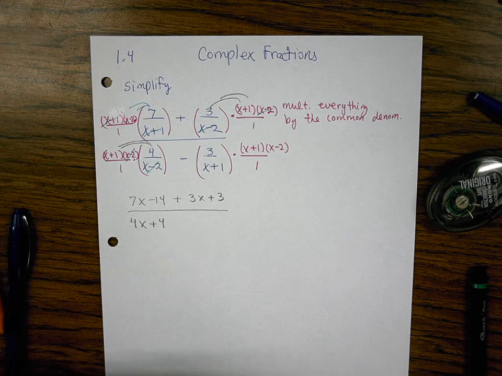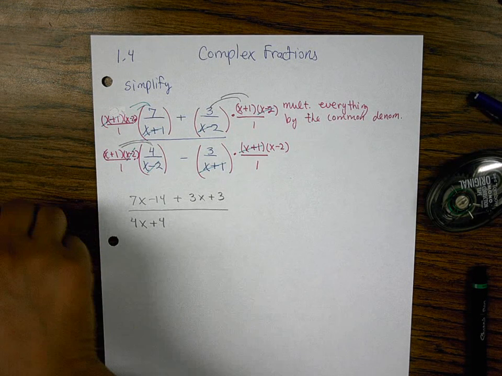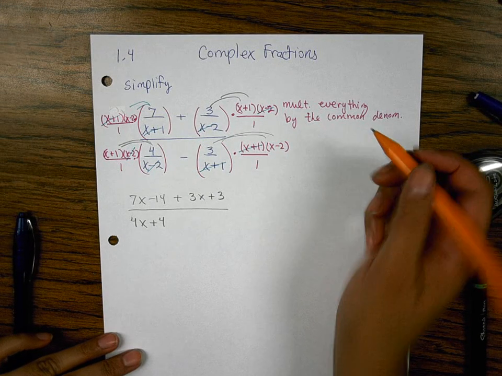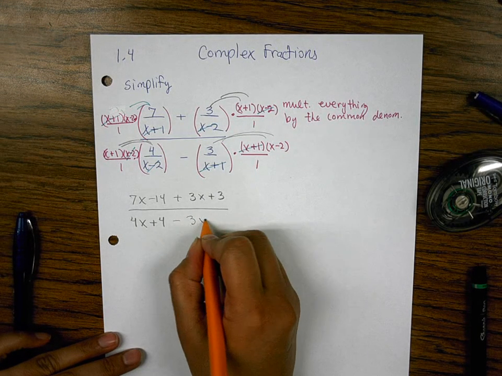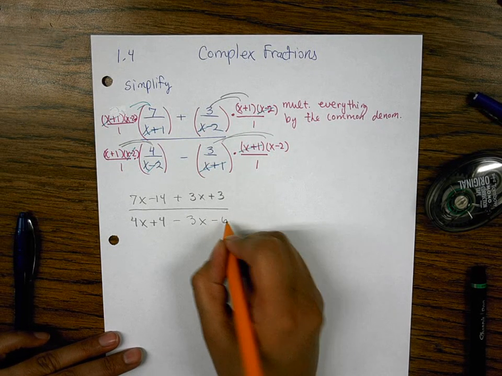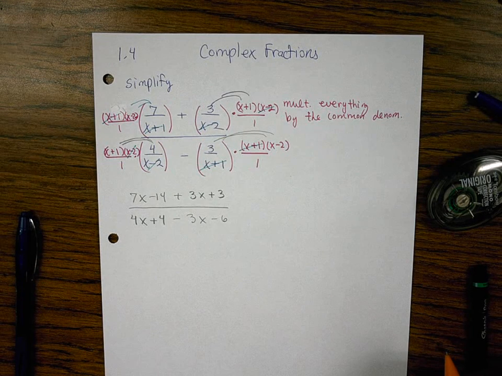And here I'm going to reduce the x plus 1, distribute, and I get negative 3x minus 6. And I purposely made a mistake here just to show you a common mistake kids make.